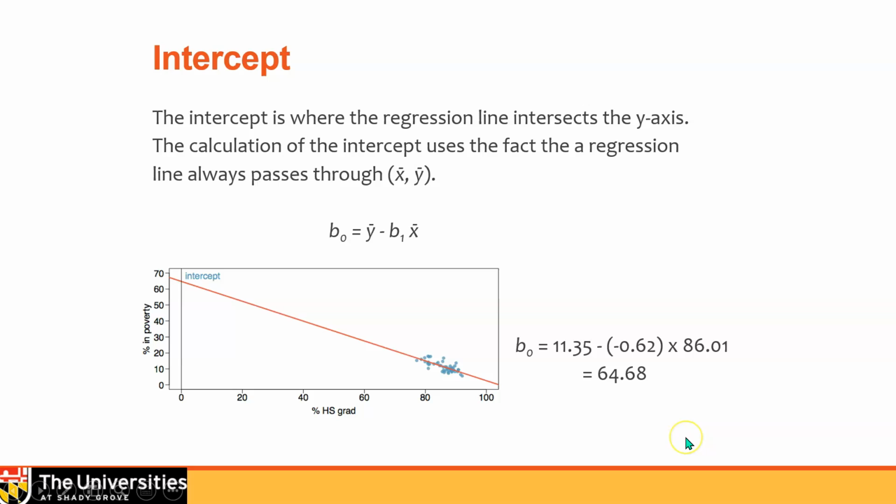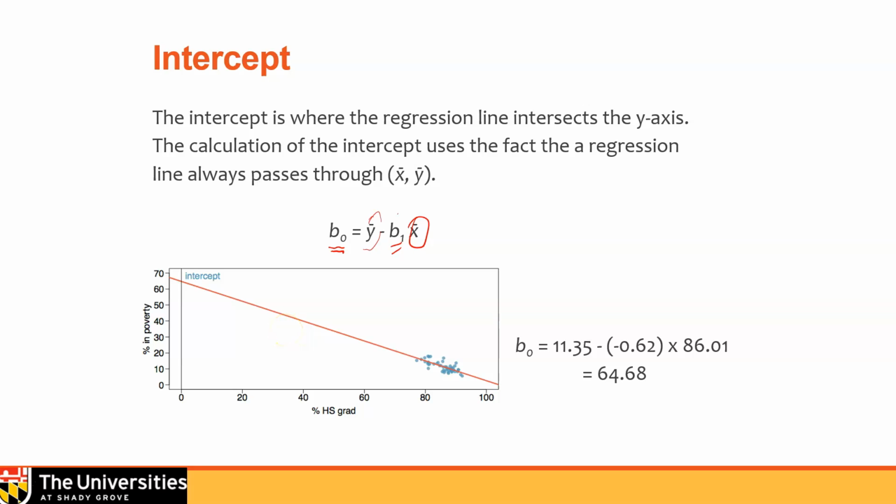Our intercept, we're also able to calculate the same way. Once we've got a slope, b1, a point estimate for the slope, we can get a point estimate for the intercept using the y-average and the x-average.